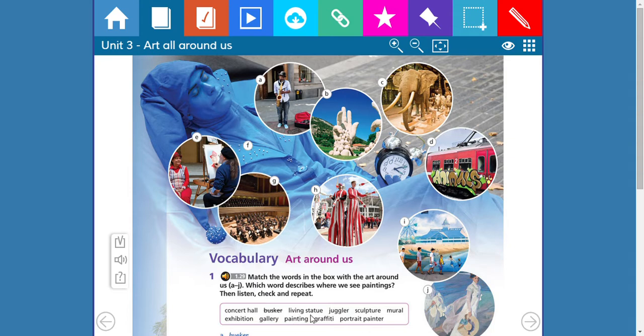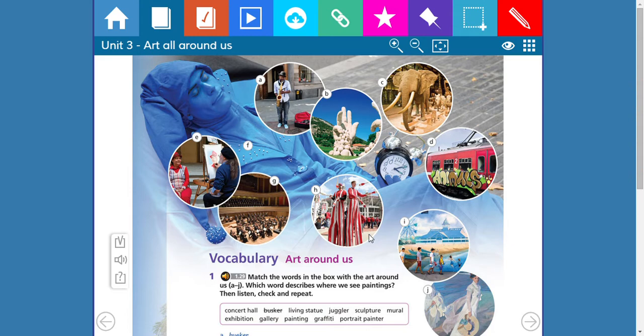Living statue, like this, the person who doesn't move for minutes or hours. A juggler is the person that can play with balls, one, two, three, four balls, and they juggle.